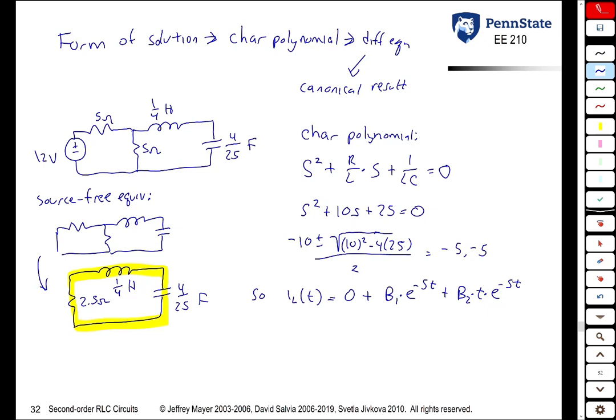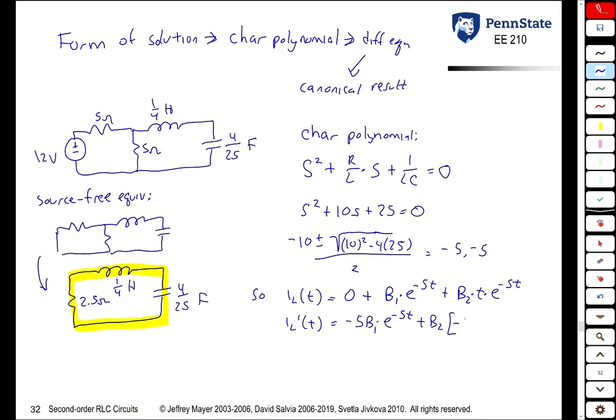To solve for B1 and B2, we're going to need a second equation. That will be IL prime of t. So taking the derivative of that expression, the derivative of B1 e to the minus 5t is minus 5B1 times e to the minus 5t. The derivative of the second one, t e to the minus 5t, is first times the derivative of the second.